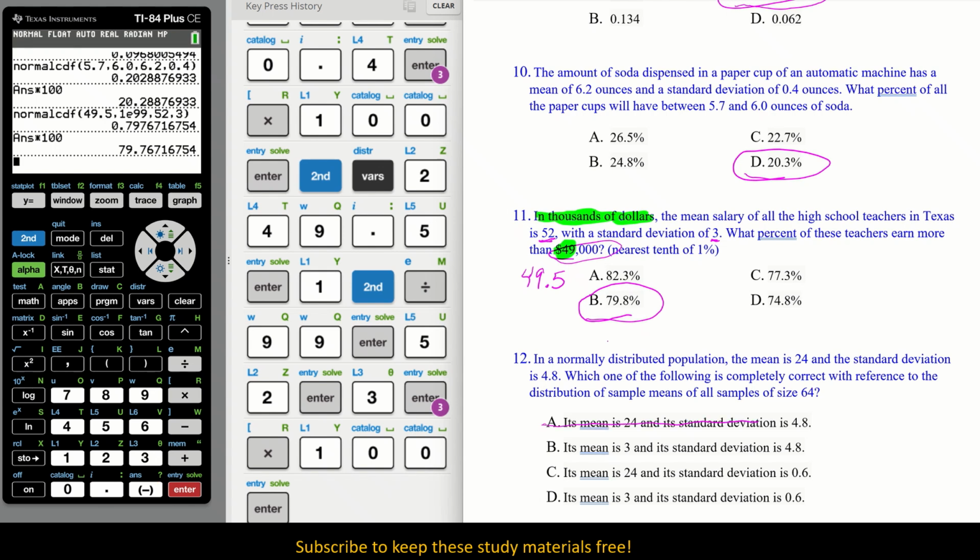We can mark anything out that doesn't pertain to the correct mean. The mean doesn't just change to something small like 3. That would maybe be changing the deviation, but that doesn't make sense. So B and D just flat don't make sense.